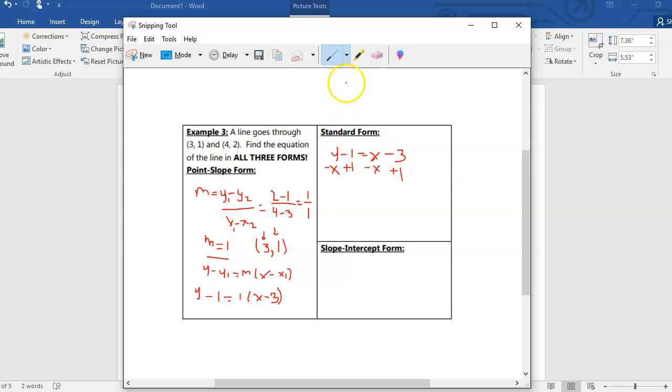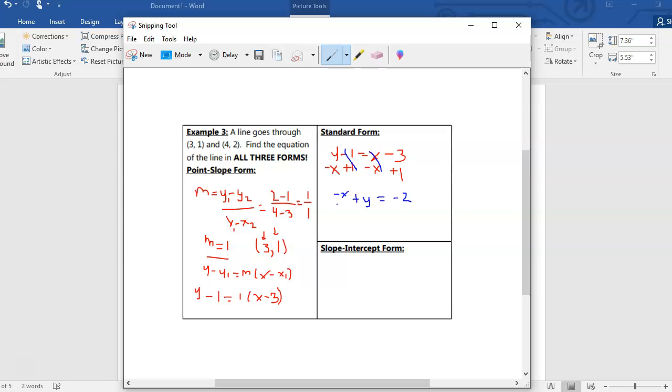When I do that, what happens here? Well, these x's cancel over here. And the 1's cancel right here. So I'm left with a negative x plus y is equal to a negative 2. All right, now this is not standard form because I got that negative value. Remember, they have to be positive numbers.